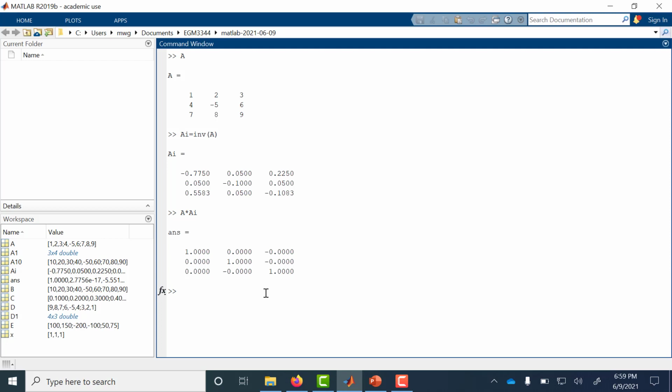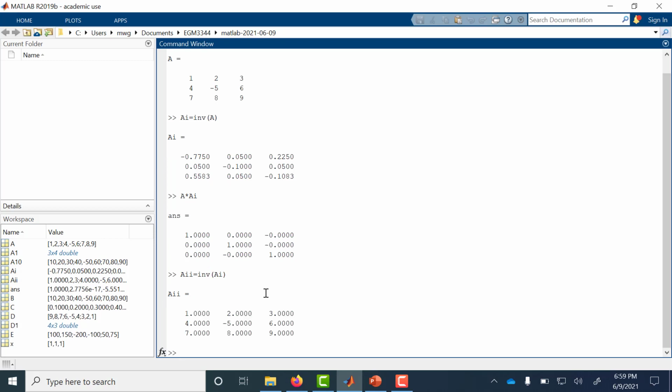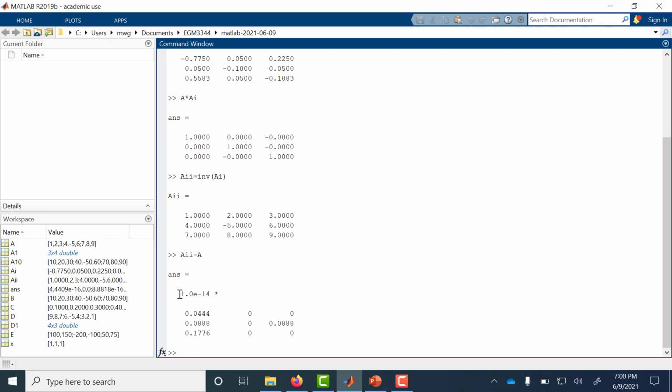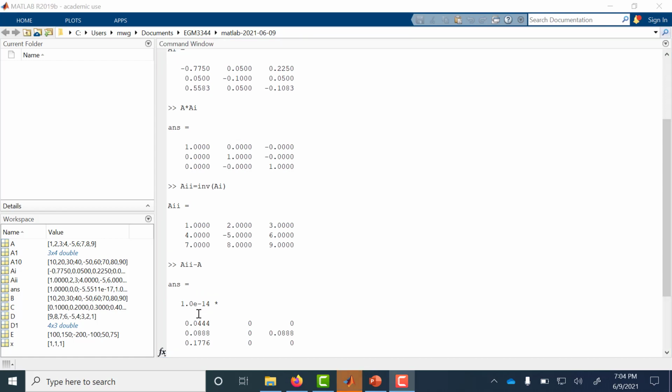Well, if you're like me, you kind of wonder, what is the inverse of the inverse? So I'm going to go AII equals the inverse of AI. Just wondering what that is. Hey, look at that. I wonder if that's actually equal to A. So AII minus A. Oh, it's showing 10 to the minus 14th times a 3 by 3 matrix.